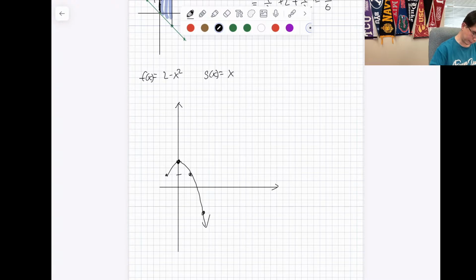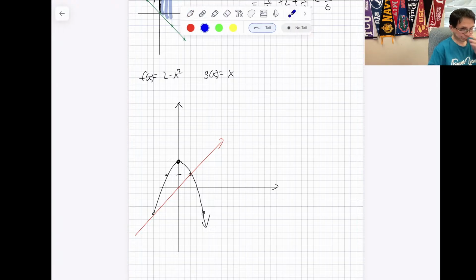Is that okay? And g of x is going to be x, so it's going to be here. And I can figure out here.